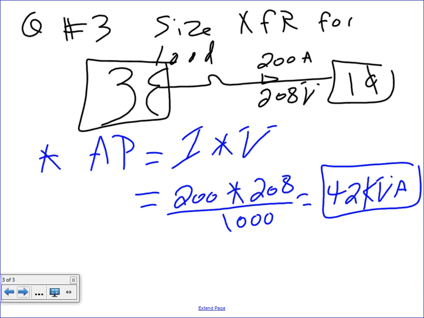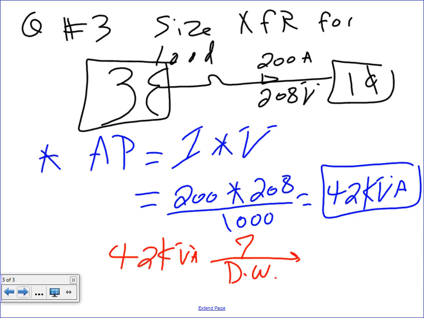Okay. So you take the 42 kVA to DeWalt, page 7-6. What's the next standard? 42, single phase.